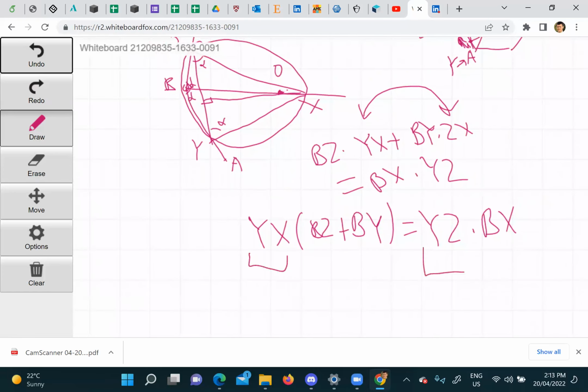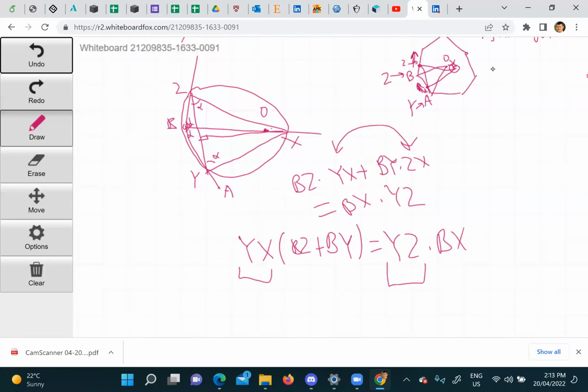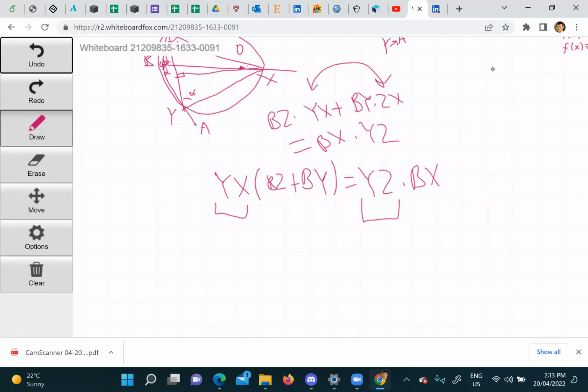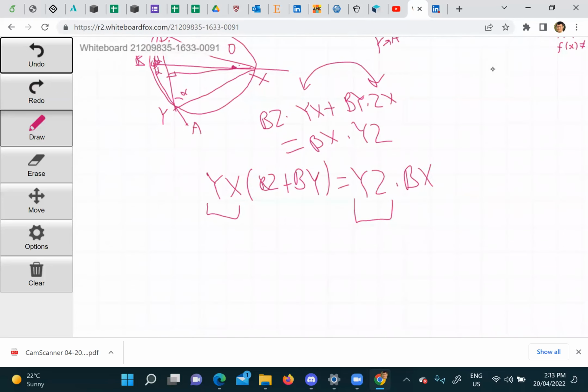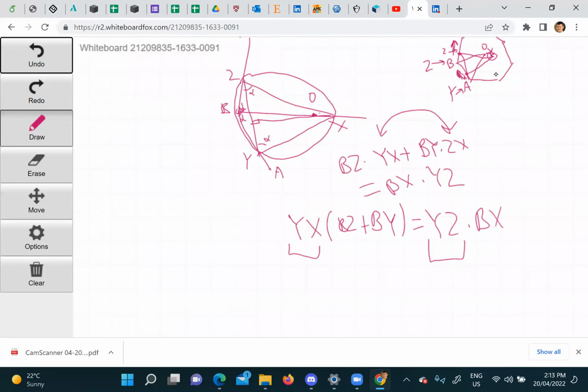So these two are fixed. True. So how does that prove it's maximal? So how do we maximize that? Which point is Z? Oh, Z is here. Okay, so we're maximizing BZ plus BY.